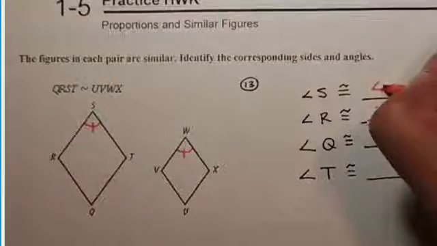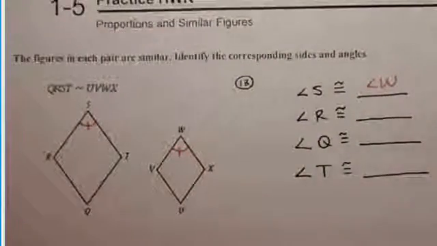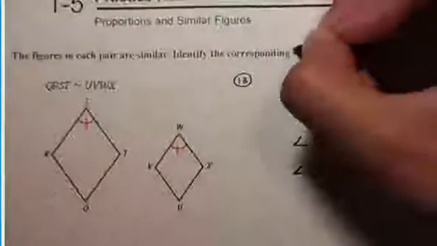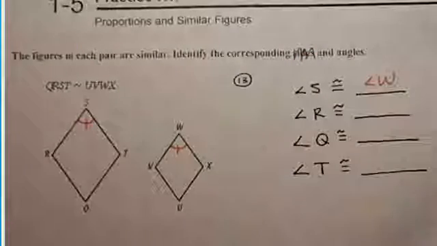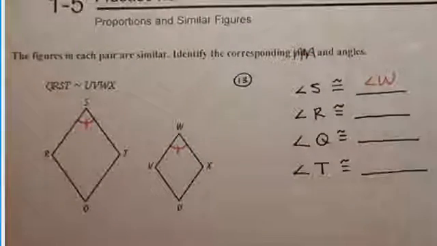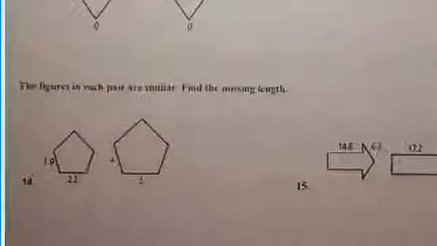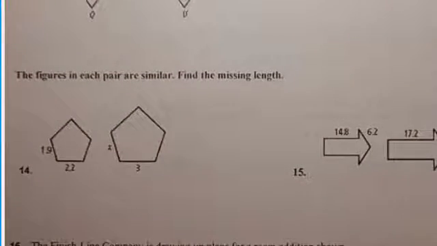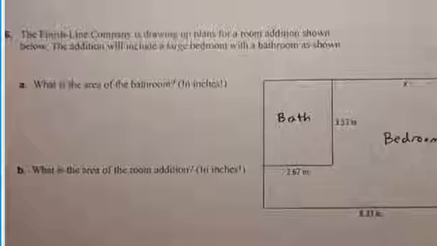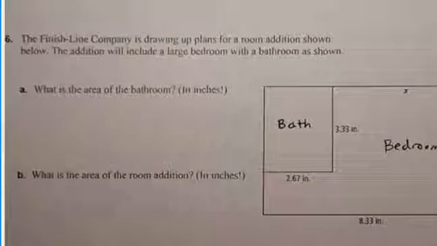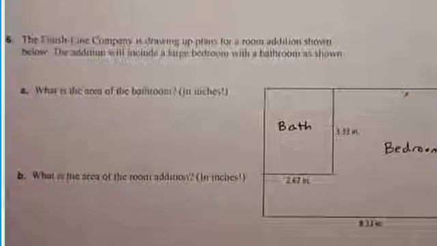It corresponds with angle W. So you're going to fill those in, just the angles. You don't have to do side lengths, so you can cross that part out in the directions. 14 and 15 are similar figures, so set up your proportion and solve. Again, show me all your work. And then 16, A and B is a word problem with remodeling a room addition.